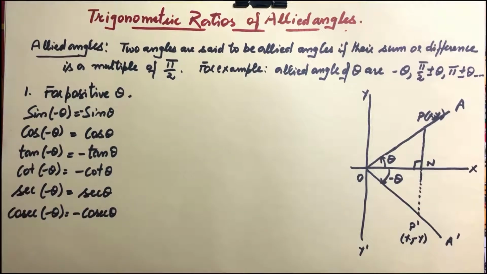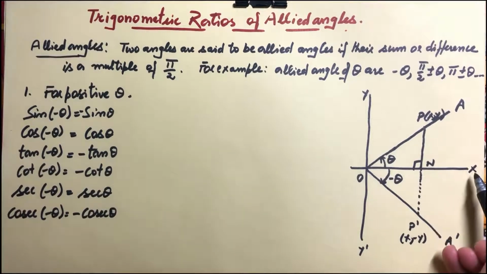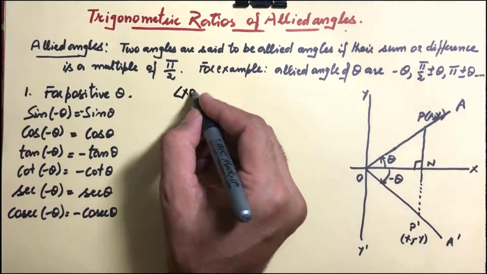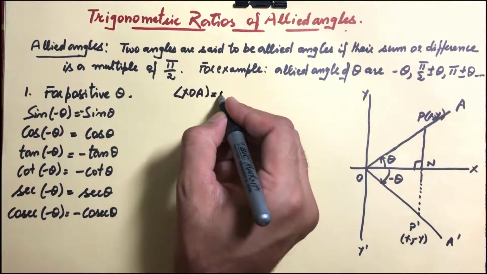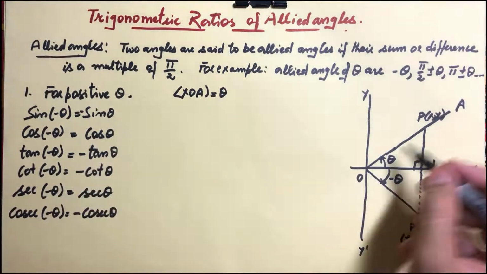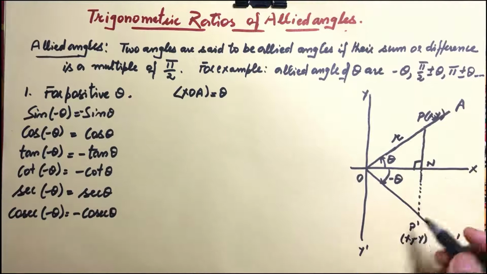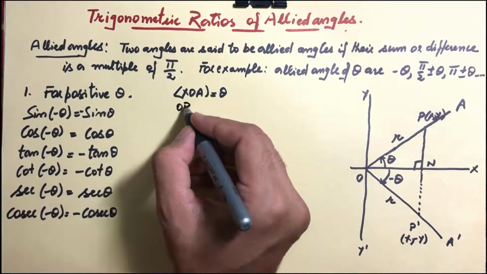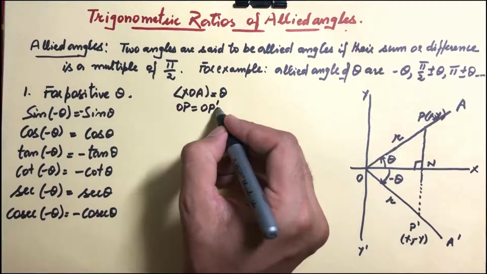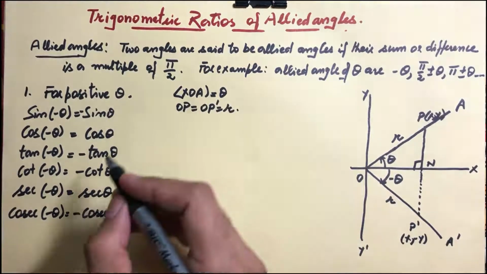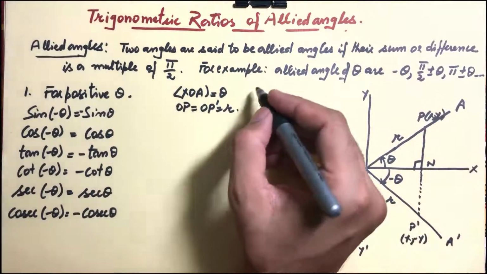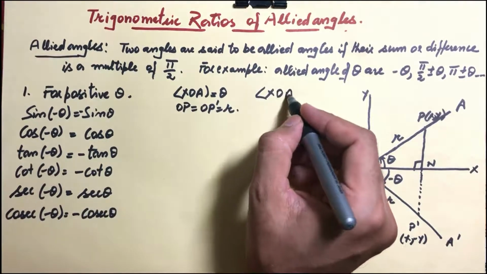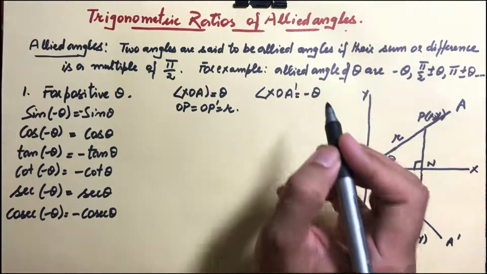Okay, now here this angle XOA is theta, and let OP and OP dash both be R. OP is equal to OP dash is equal to R, and this angle XOA dash is minus theta.